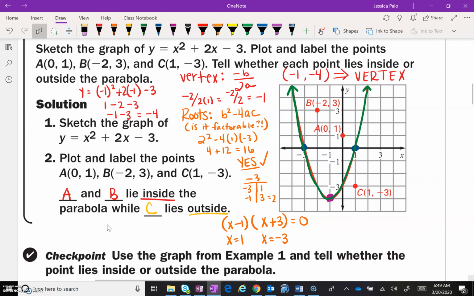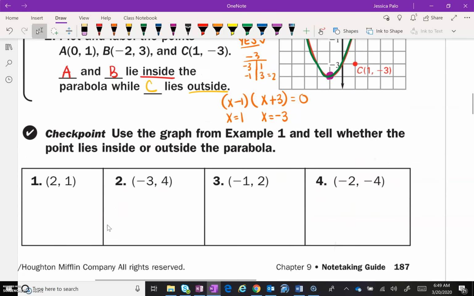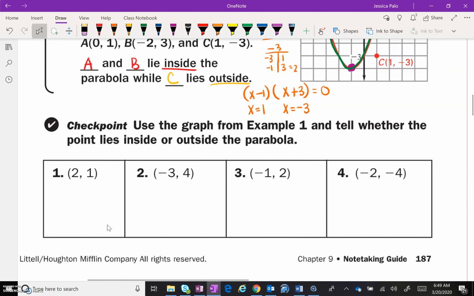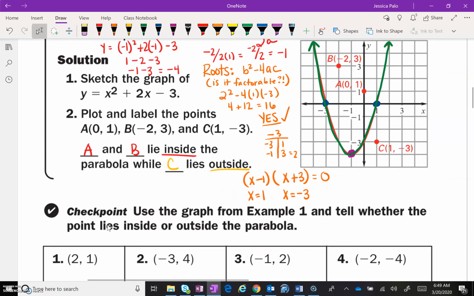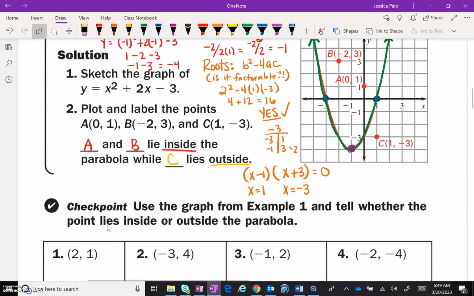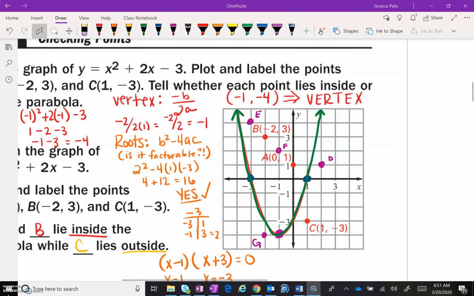So let's go down to these checkpoint problems. You are going to use these coordinates, plot them on this coordinate plane from example 1, and just tell me whether they are inside or outside of the parabola. So do that, pause the video, and come back when you're finished to check your answers. Alright, you're back.